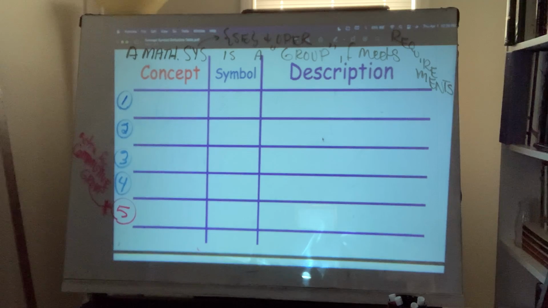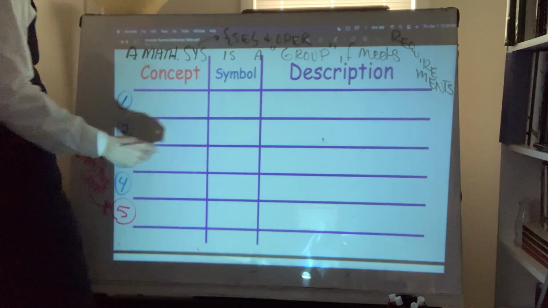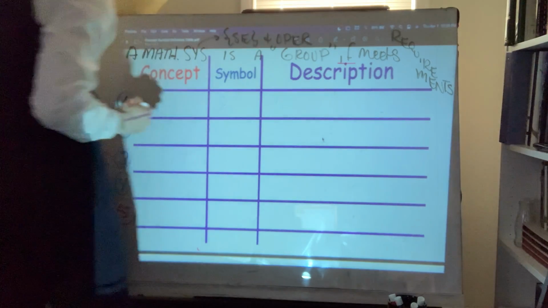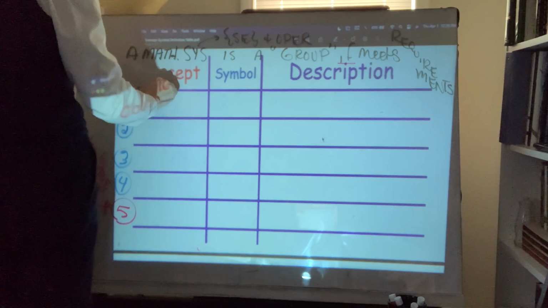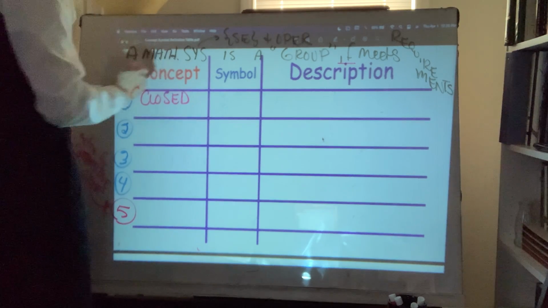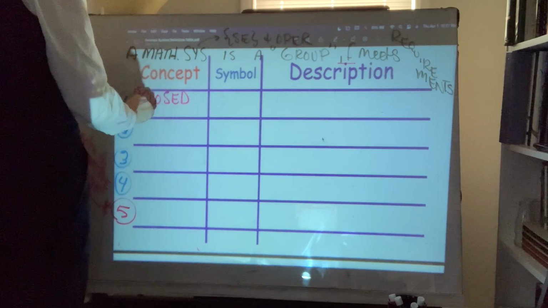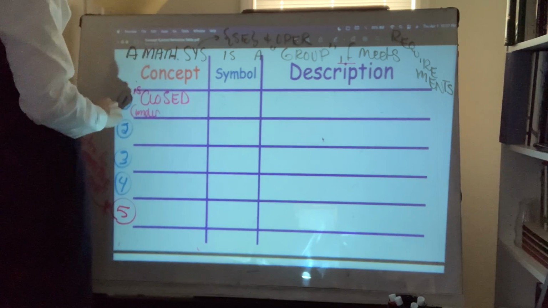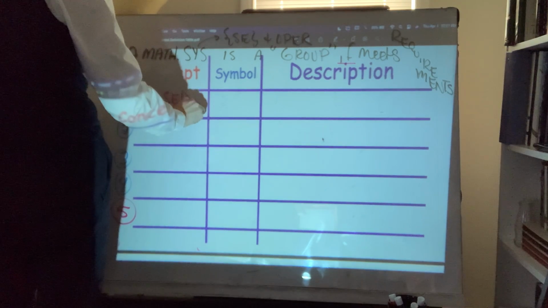Okay. Now, what are the standards here? A mathematical system is a group if it is closed. I'm just going to put under here the phrase that they use, under the operation.